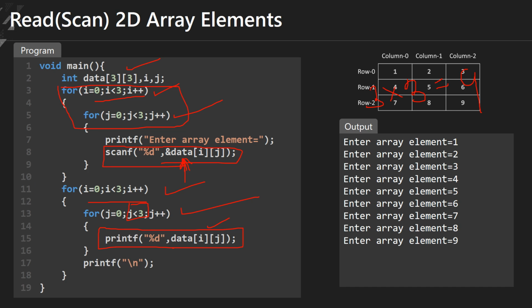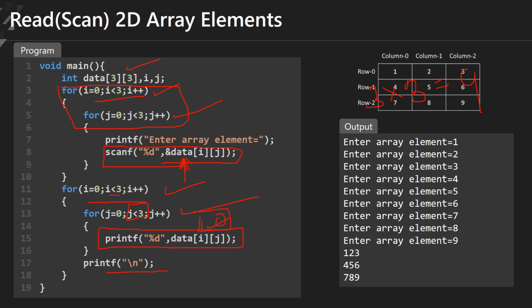Then i is less than 3, and again j is 0, with i is 1 and j is 0 the second time. So the second row will be accessed, and so on. This will be incremented until the outer loop condition is false, then it comes out, having printed all the elements, right?